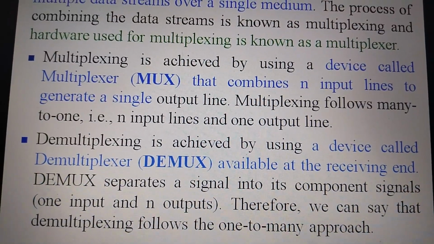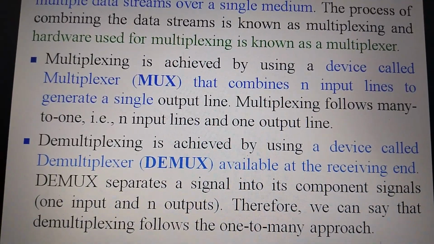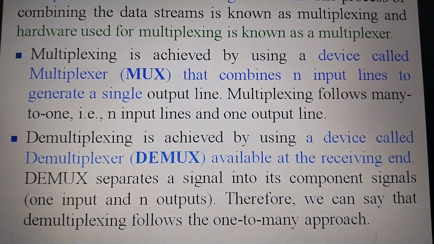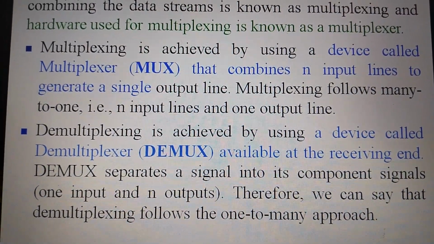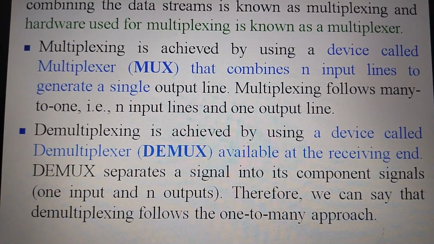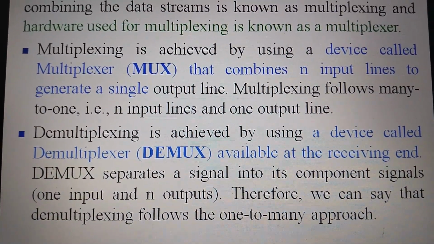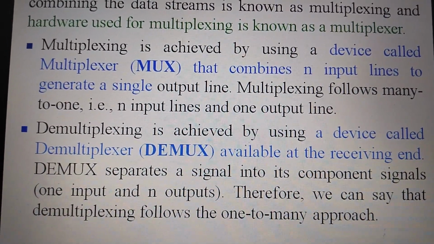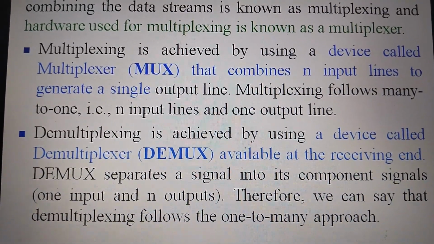The demultiplexer separates the combined signal into individual signals. It means one to many outputs, and it is performed at the receiver side.